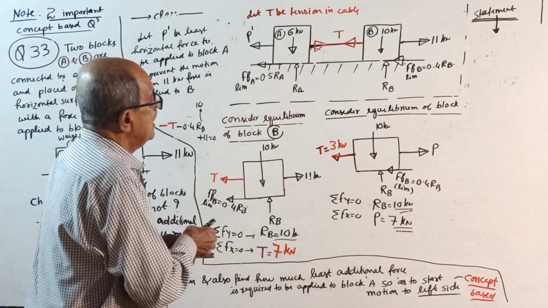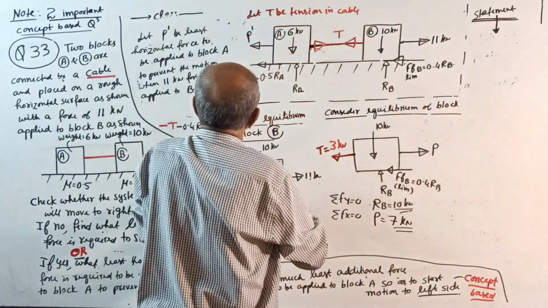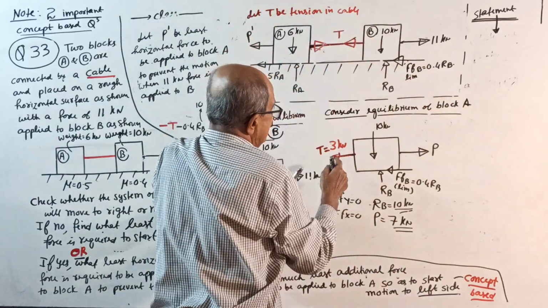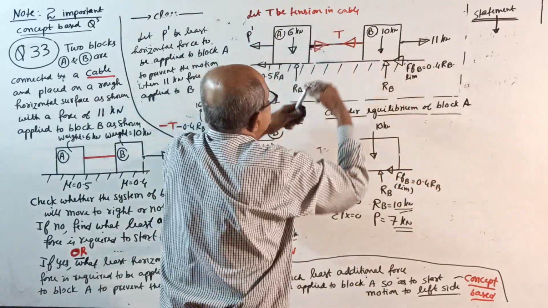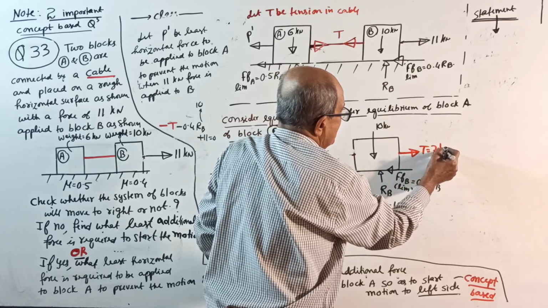Okay. Now consider equilibrium of block A. Oh yes, block A. When you see this way, here block A has tension on the right side, tension of 7 kilonewton.